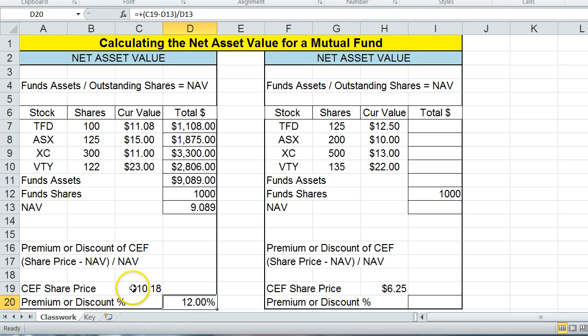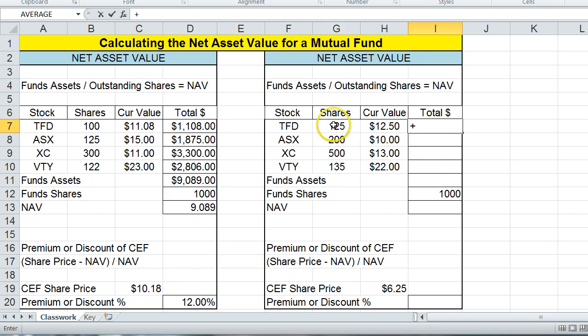So it's closed-ended share price minus net asset value, and the result of that would be divided by the net asset value. And here we see that this closed-ended fund is currently trading at a 12% premium. So why don't you take a minute to pause this video and try this example right next door.